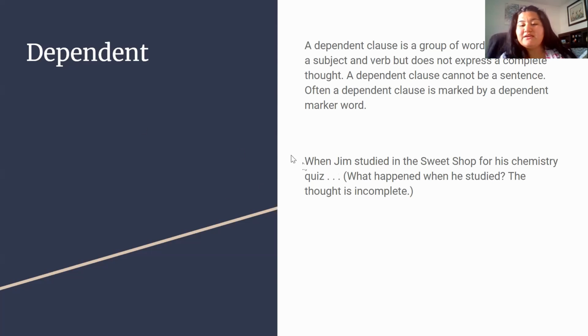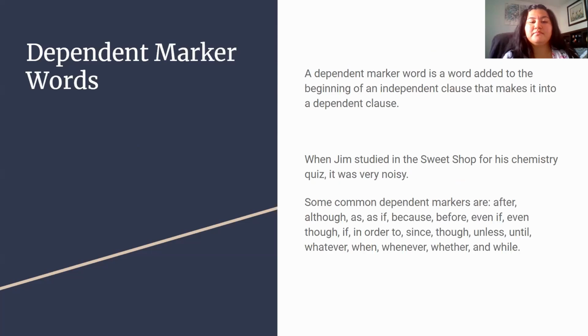That "when" is a dependent marker word, because having that "when" but not actually telling you when in the sentence lets you know right off the bat that the thought is incomplete. A dependent marker word is a word added to the beginning of an independent clause that makes it into a dependent clause.